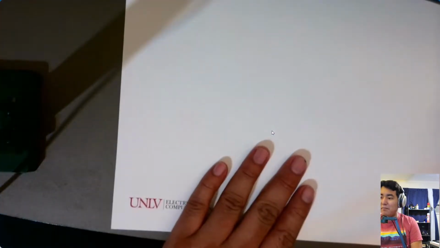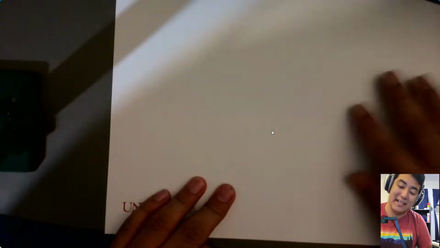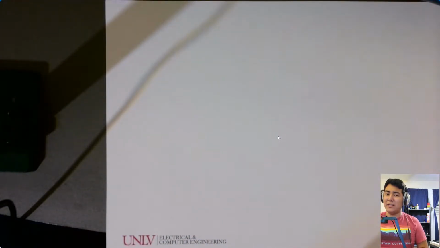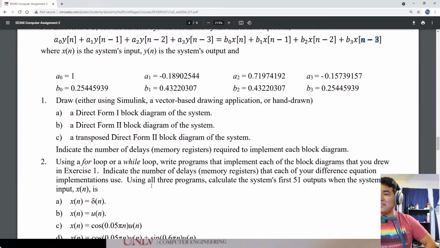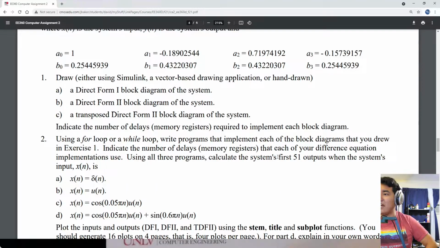So we're going to implement a for loop right now. If you were to type this into MATLAB, one thing I've got to mention to you is, let's look at this. It's asking us to calculate the system's first 51 outputs.